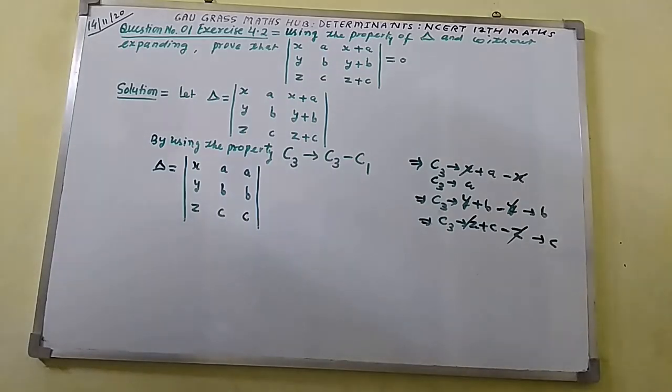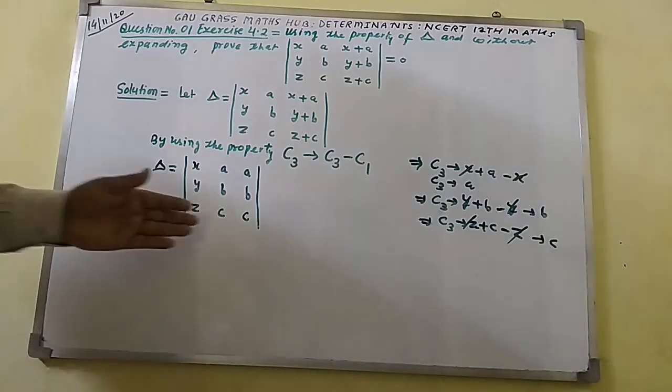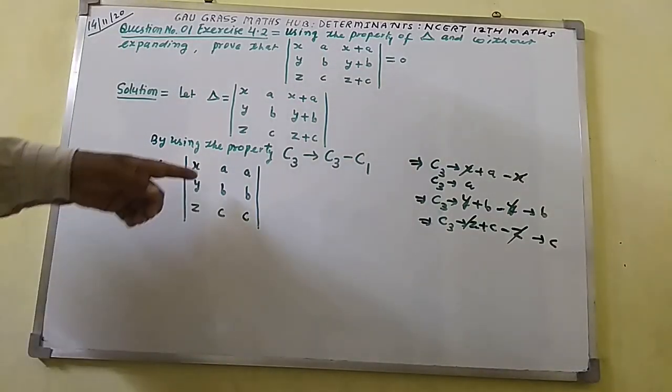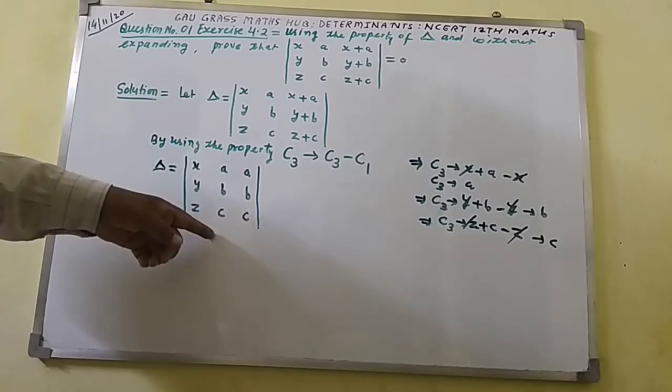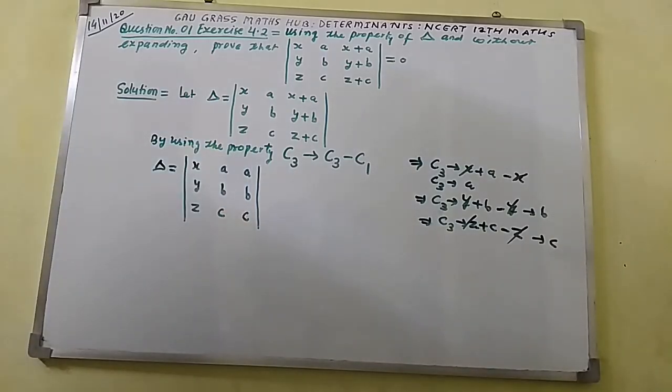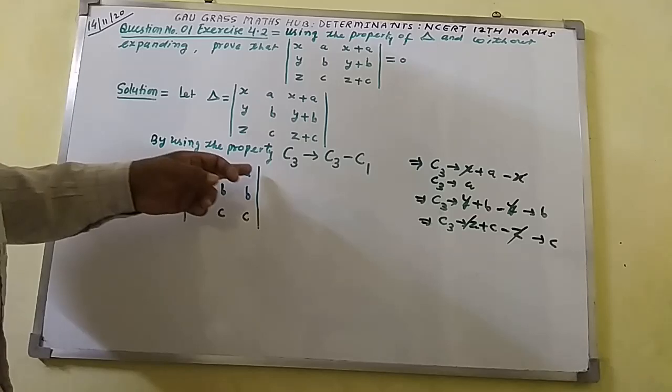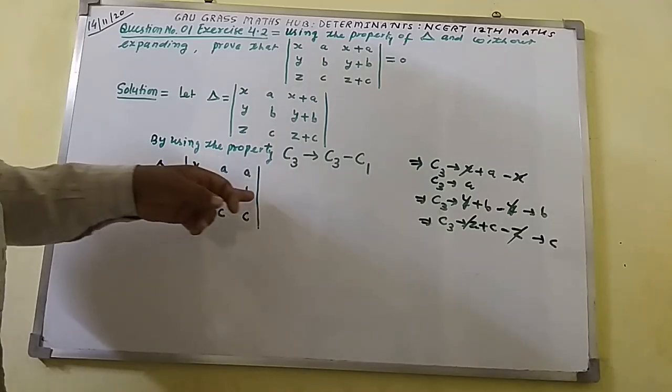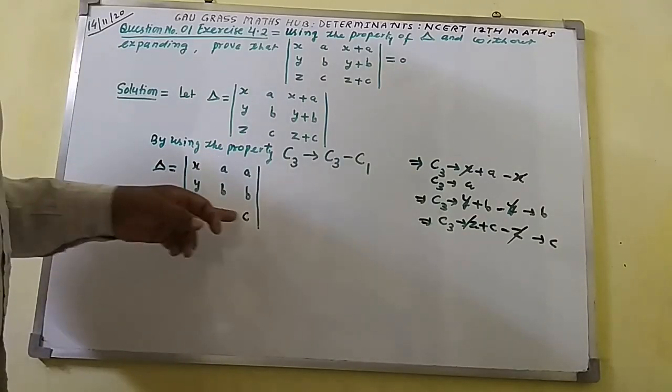Now here you can see the second column and third column are identical. Here a is there, here a is there; here b, here b; here c, here c.